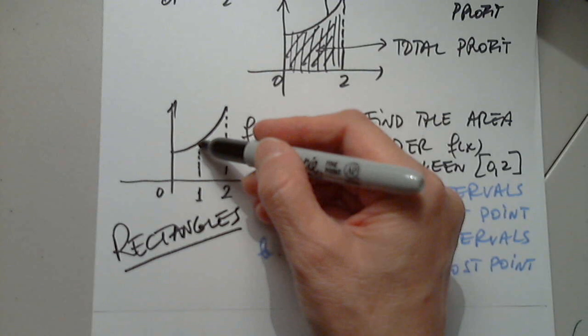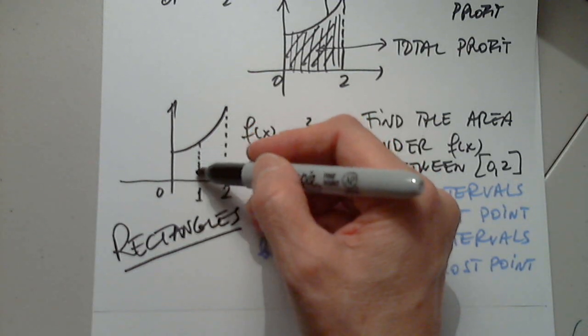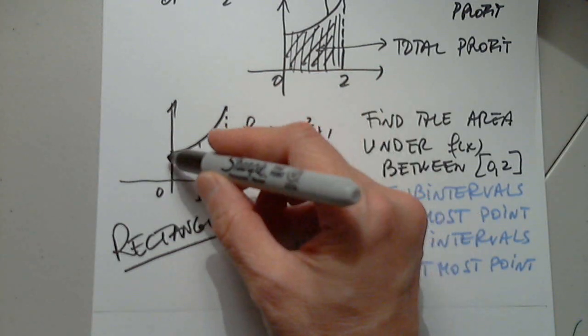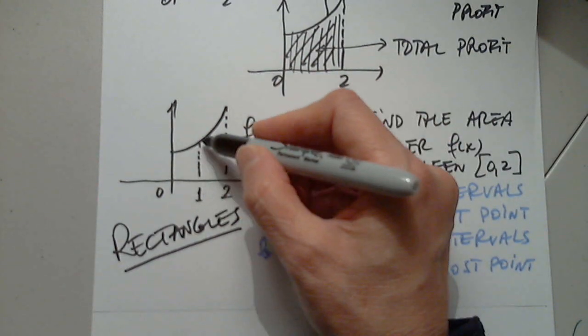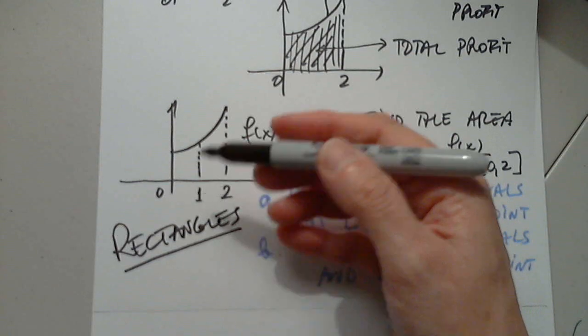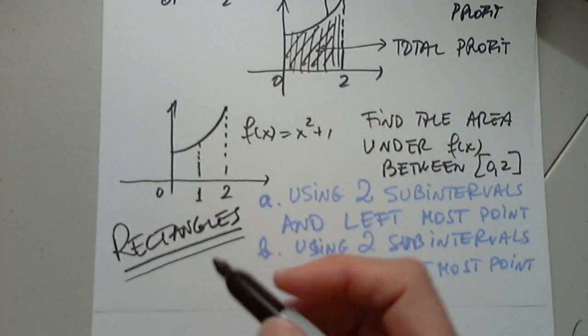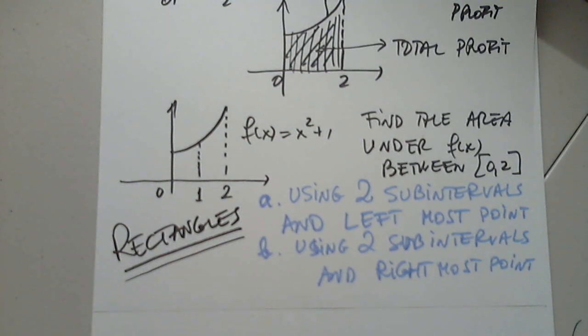I don't have a way of determining this area exactly. We will later on. Because it's not a square, it's not a rectangle, it's not a triangle, right? So I will use rectangles to approximate it. I'm using 2 for now.